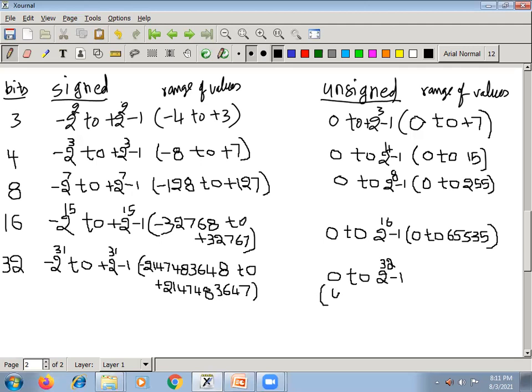It is 0 to, can you double this number? 21, 47, 48, 36, 48. Double this number and send me the number in the chat box. 2 power 32 is double of this. As you move one bit towards the left, the number gets doubled. Please remember.